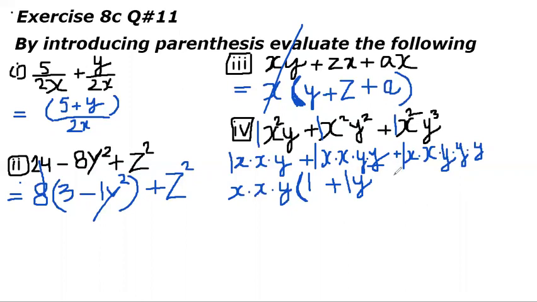Now see the third term. First x, second x and first y are common, written outside the parentheses. What is uncommon is these two y's, that is, y and 2 times y.